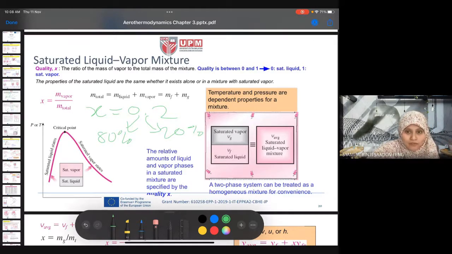Towards the end of the vaporization process, we might have 0.9 or 0.8 quality, meaning 90% or 80% of the water is in vapor phase, and only 10 or 20% is still liquid that needs to be vaporized. So that is quality.